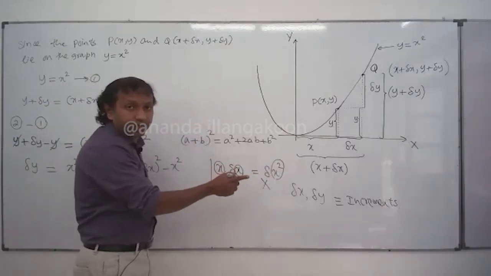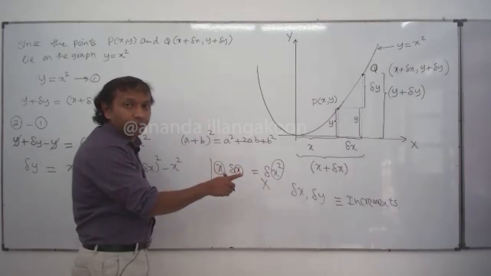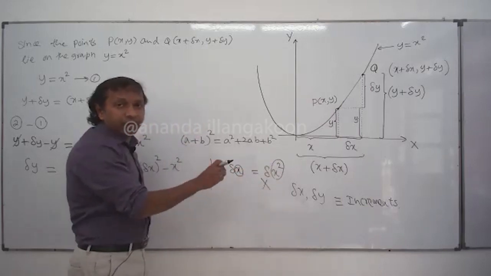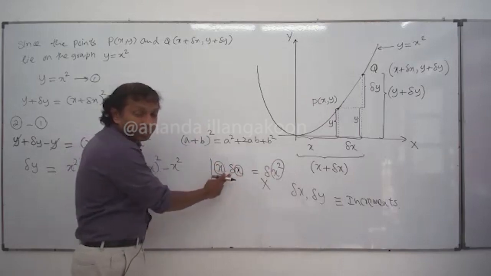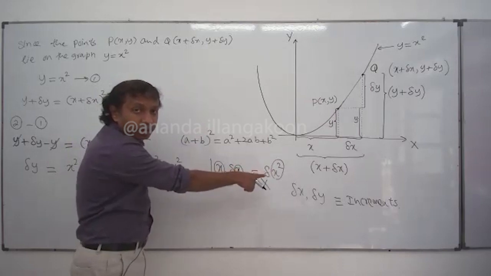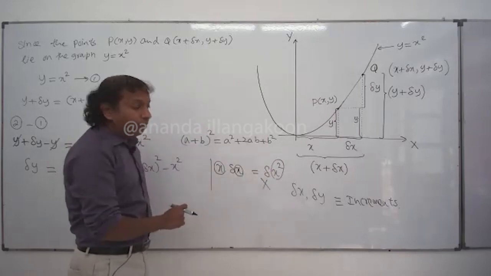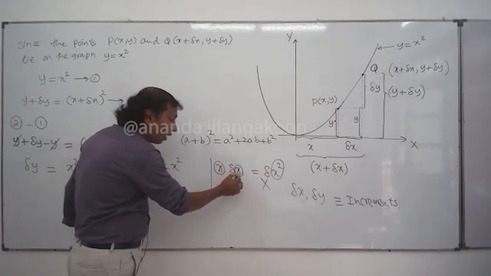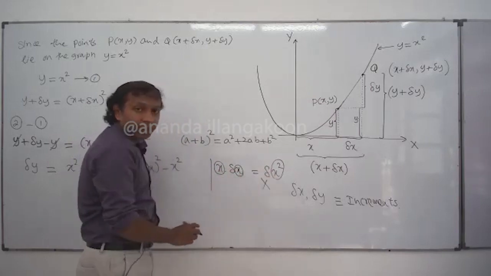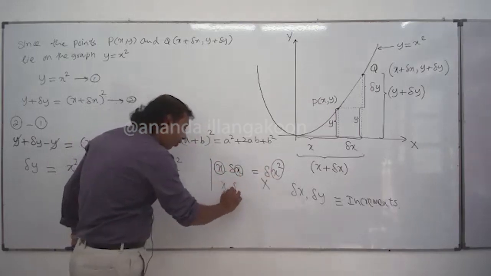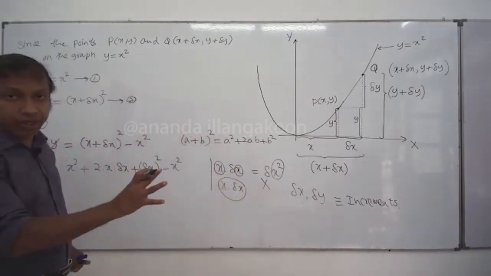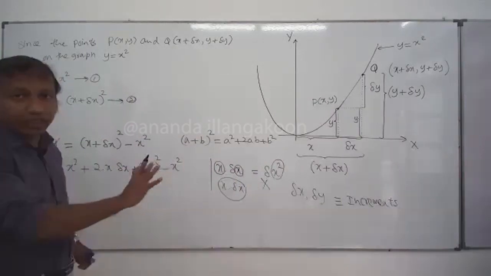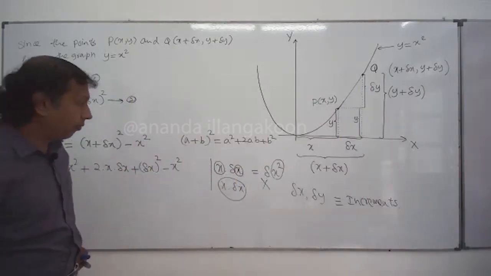Delta stands for change or increment, a little value. That is the meaning of delta. Delta x squared means a little change of x squared. So the left hand side, a little change in x multiplied by x, will not be equal to a little change in x squared. So therefore, remember, x and delta x, when you multiply, you can't write like this. So x into delta x forever like this. Remember that simplification, x into delta x forever like that. Furthermore, there is no other way of writing x into delta x.